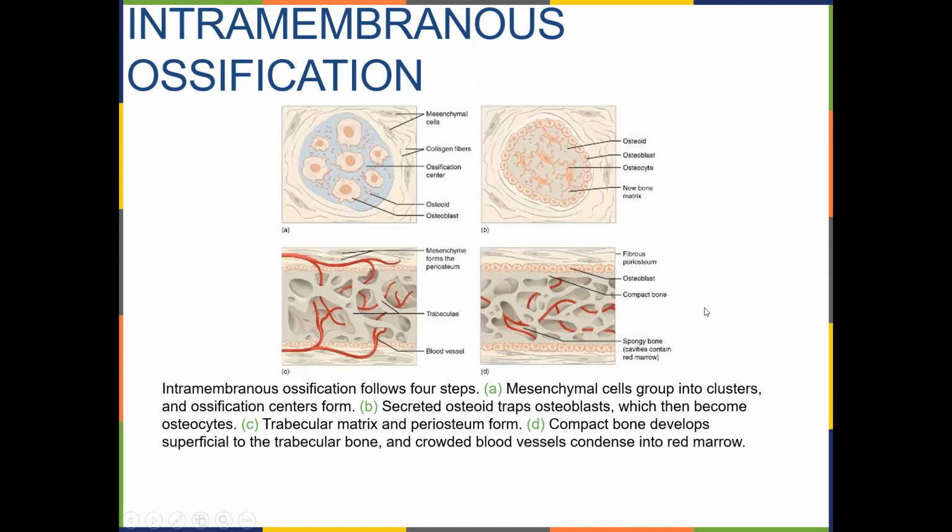And we end up with these bones of the skull that have formed with compact bone on the outside, spongy bone in the middle, and another layer of compact bone. And there's still a great deal of flexibility because those membranes don't close completely and ossify completely for a long time. And so we have the give that we need to allow our brain to enlarge and get bigger as we grow.